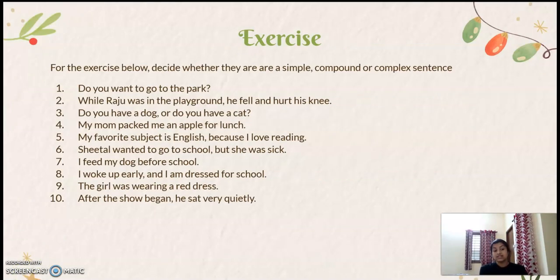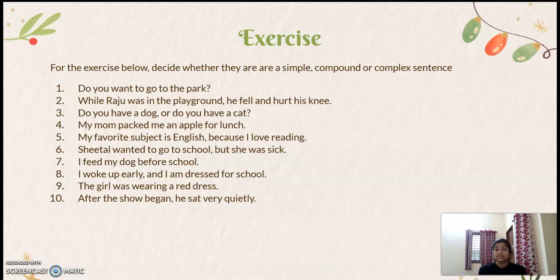So in this exercise, I want you to decide whether these sentences are a simple sentence, a compound sentence, or a complex sentence. Do you want to go to the park? While Raju was in the playground, he fell and hurt his knee. Do you have a dog or do you have a cat? My mom packed me an apple for lunch.